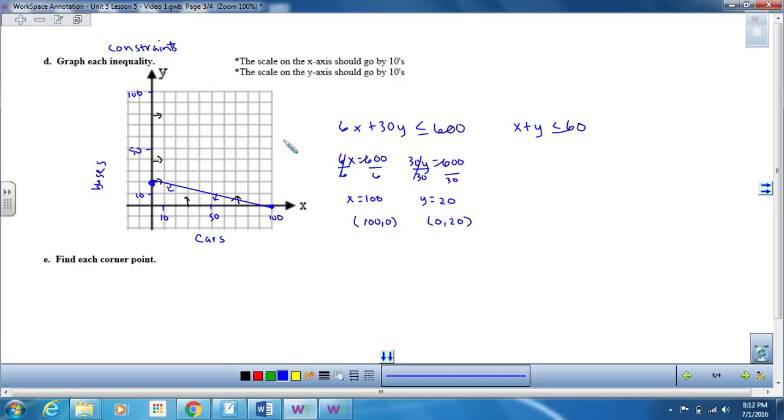Now let me look at this line. x plus y is less than or equal to 60. So if I cover up y, I get x equals 60. So my x-intercept is (60, 0). And my y-intercept is (0, 60). This is also going to be a solid line.